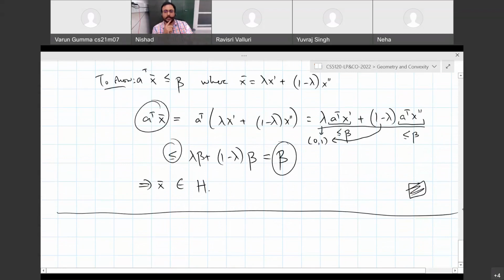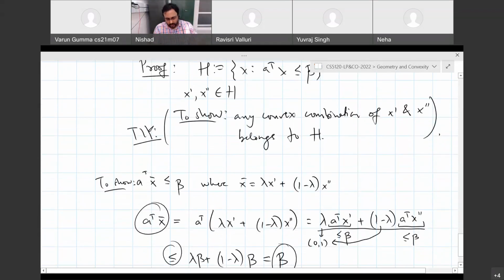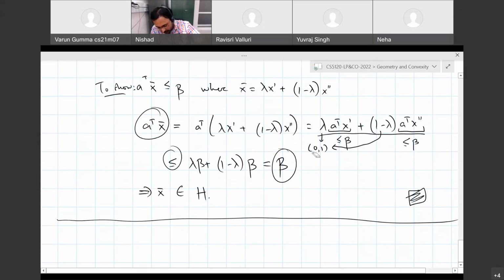Are there any questions or concerns regarding any of this discussion? In fact, probably I should not say lambda belongs to the open interval. I can very well say it belongs to the closed interval. Yeah.